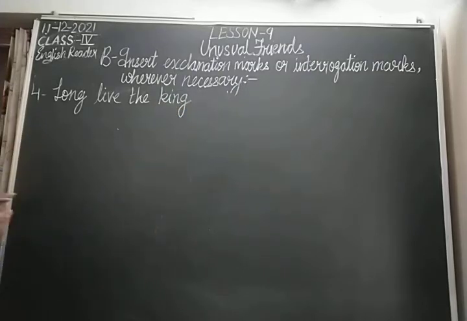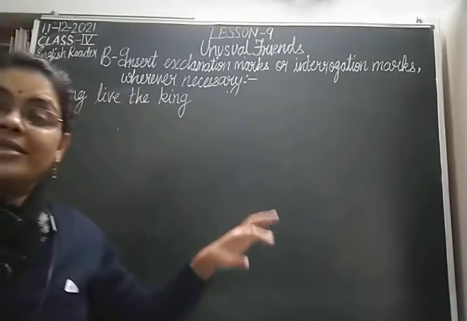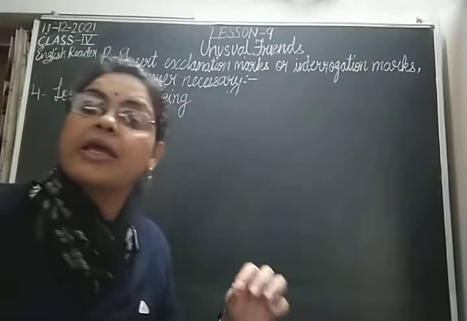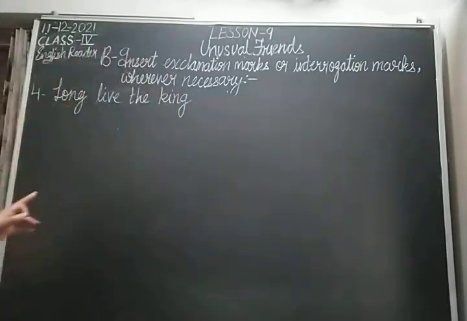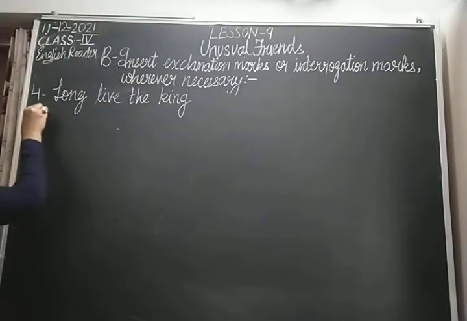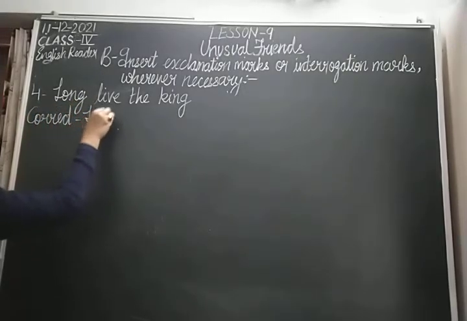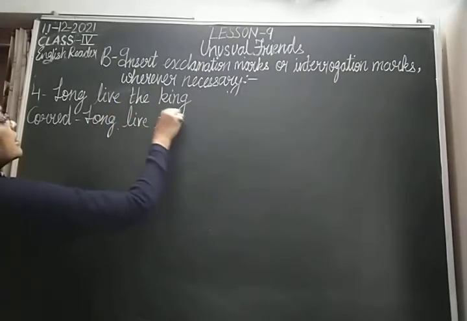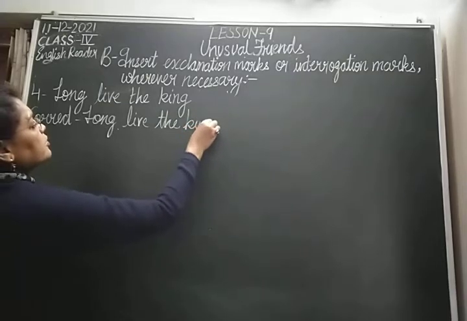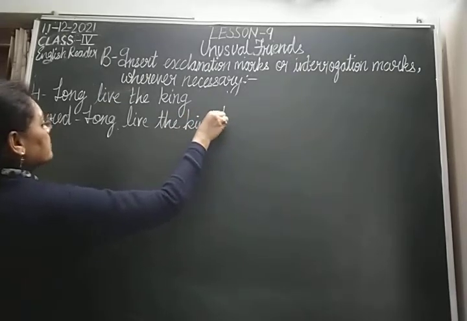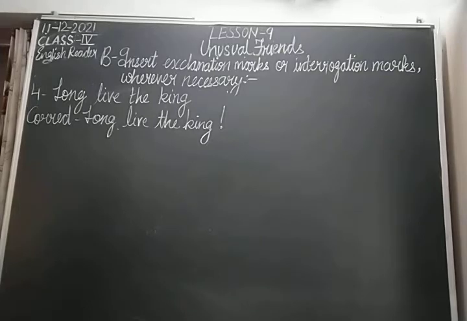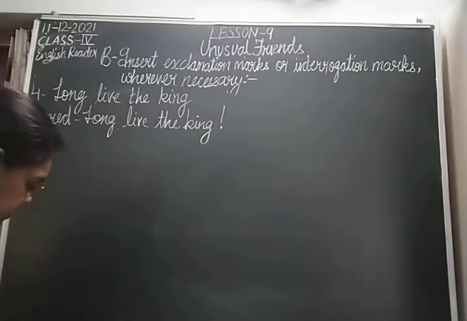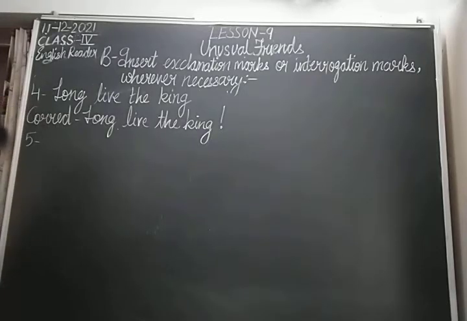Now, in this sentence, we are expressing a wish. हम अपनी एक इच्छा express कर रहे हैं. So, we need to put an exclamatory mark at the end. So, we'll write, long live the king, and after king, we'll put an exclamation mark. Clear? Then, the next sentence, that is the last sentence.